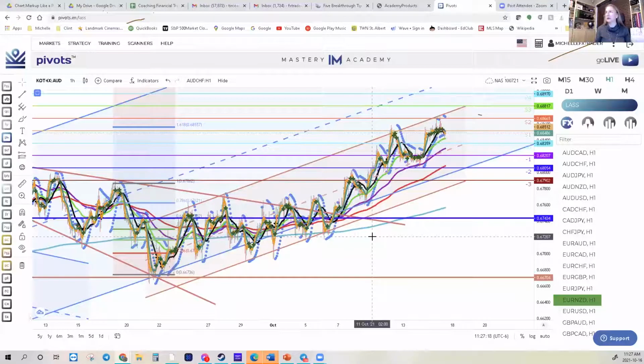After I learned to do the math really quickly, I didn't need the cheat sheet anymore. But in the beginning, I sure did. I'd think, I don't remember what my lot size is supposed to be for this pair, I need to write it down. So that's how I would do it.